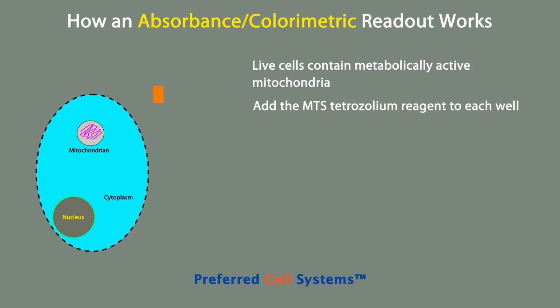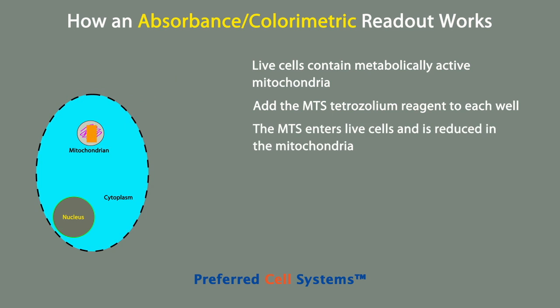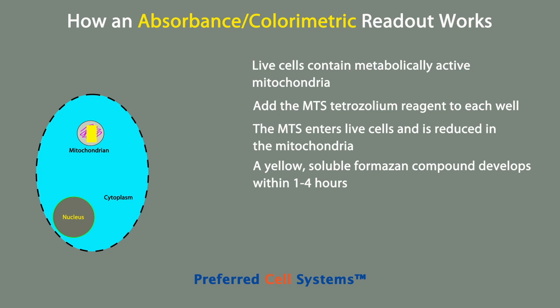The reagent is added to each well at 20 microliters. Once inside metabolically active cells, it is reduced by NADPH or NADH from dehydrogenase enzymes, producing a soluble yellow formazan compound that develops over a 1 to 4 hour period.